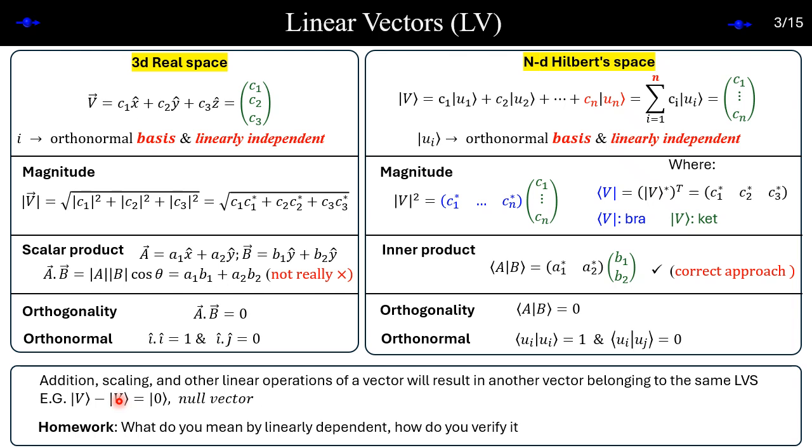The final product will be a vector. Previously we didn't take care of that much. For example, if I have a vector v and I multiply that with 0, 0 is a scalar, right? What do you get? This is a 0 vector, because we had a vector and we multiplied with a scalar. The end product must be a vector. Yes, we call it the null vector.